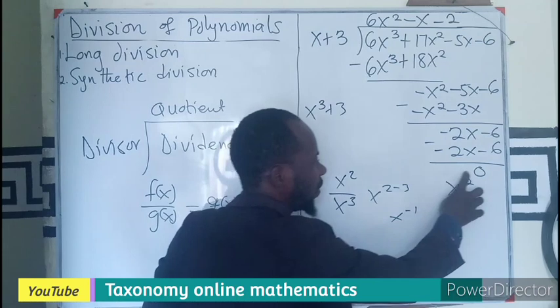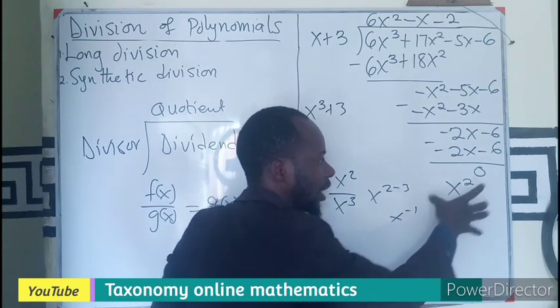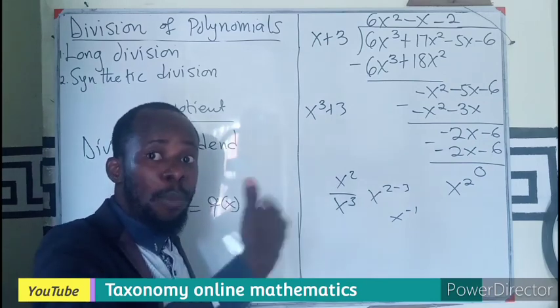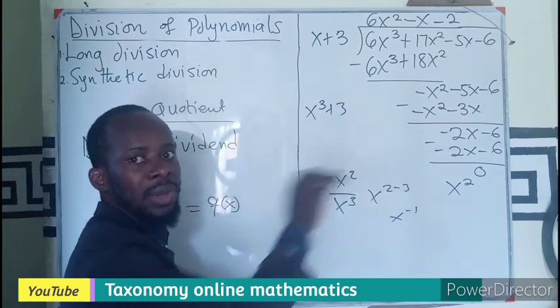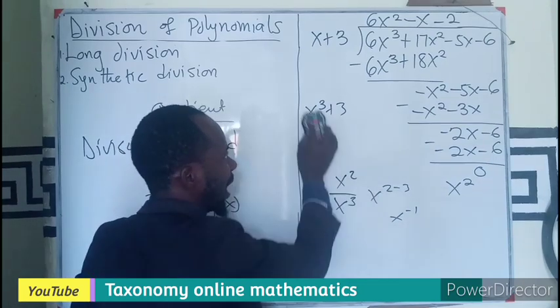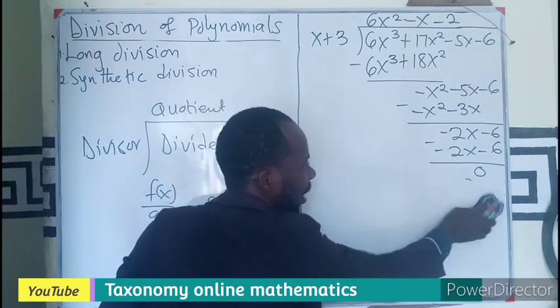So the moment you see the degree of your dividend being smaller than this, meaning you are having a proper fraction, you stop at that point and that becomes your remainder. You will treat the remainder theorem in the next episode.